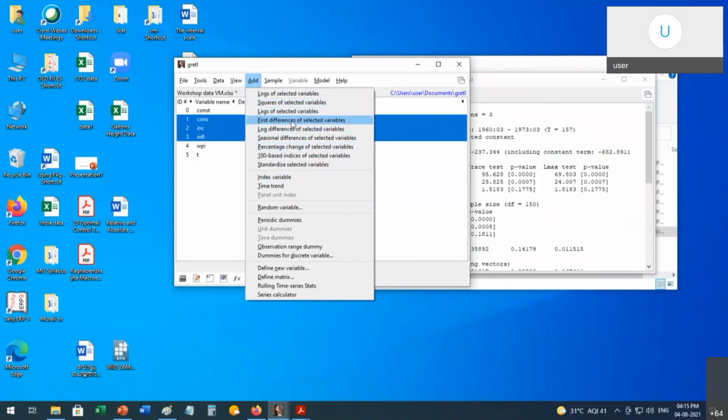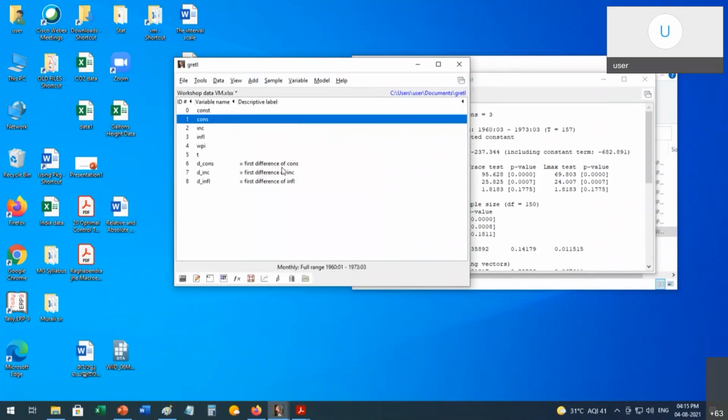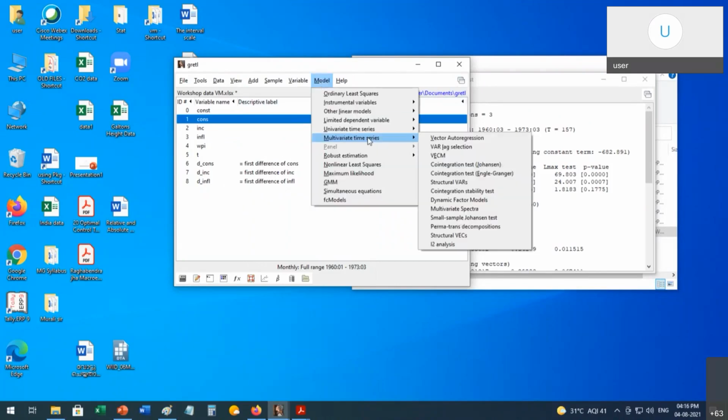We want the first difference of the selected variables. Click that and we get delta consumption, delta income, and delta inflation, the first difference of these three variables. We know they are stationary. Now I am going to the Model, Multivariate time series, Cointegration Johansen, and click that.